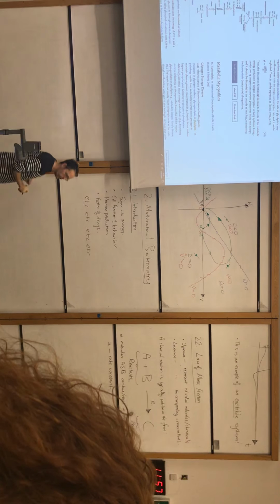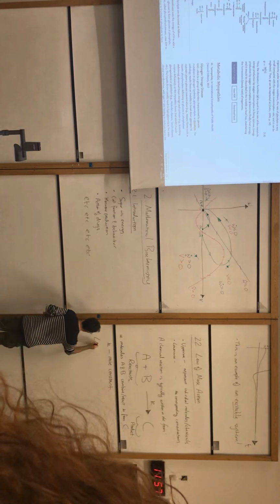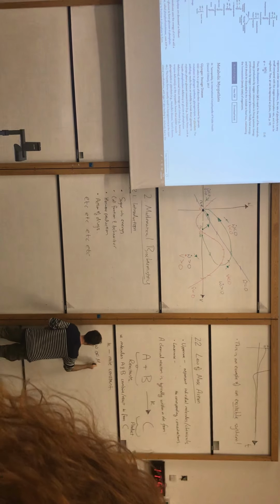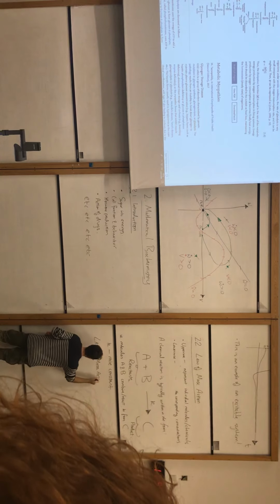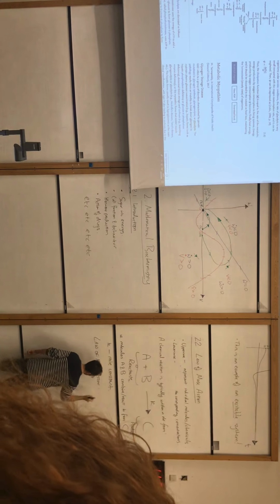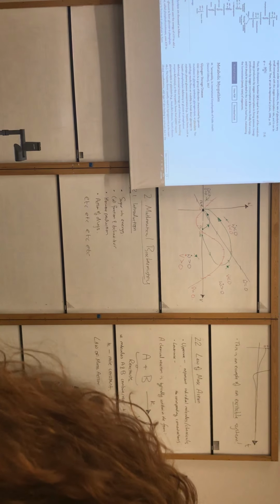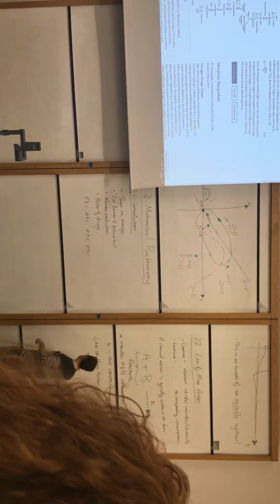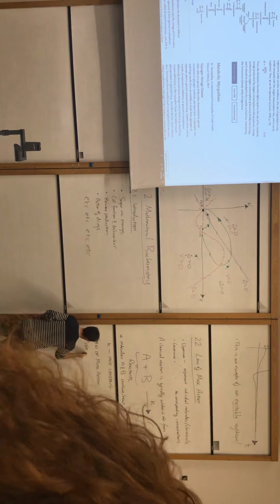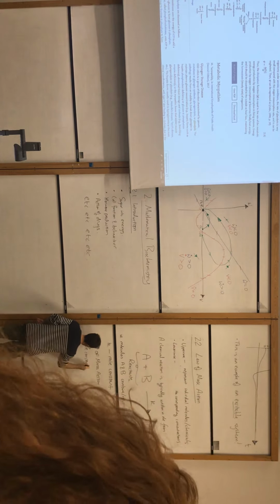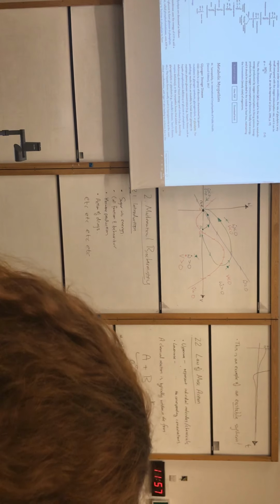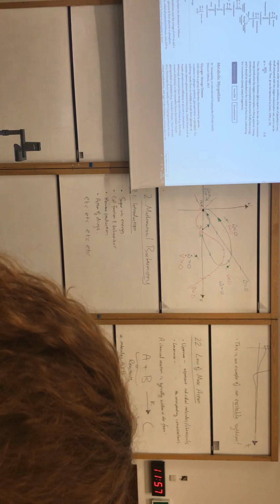Well, this is where we use the law of mass action, and the law of mass action states the rate of reaction is equal to the rate constant times the product of the concentrations of the reactants.